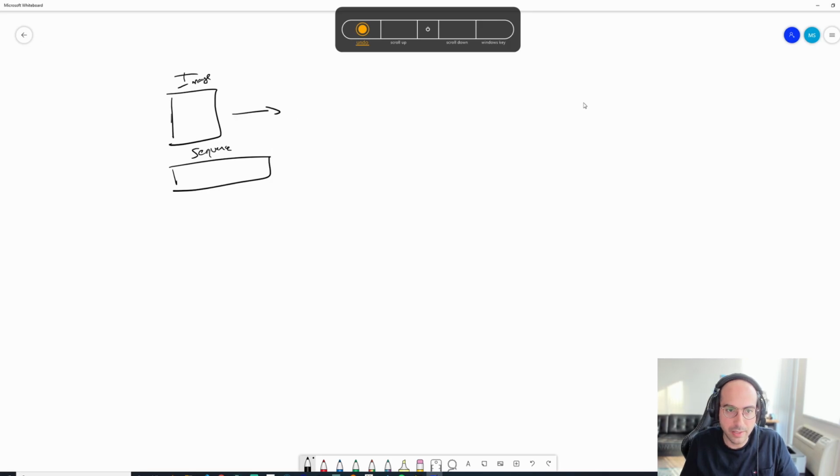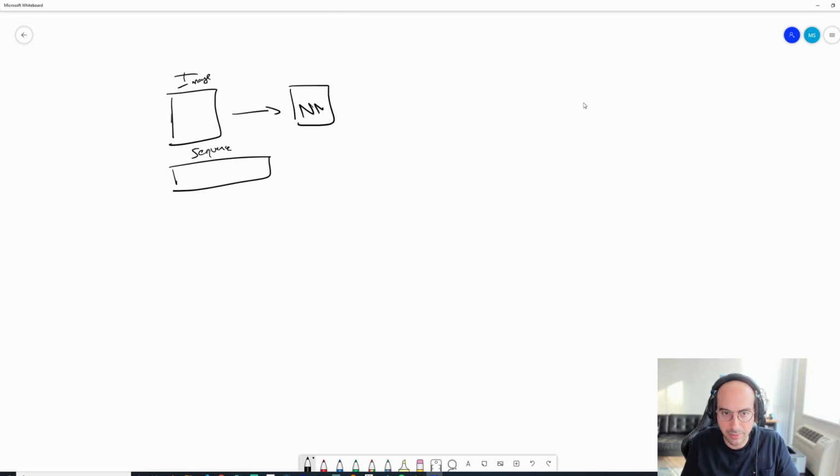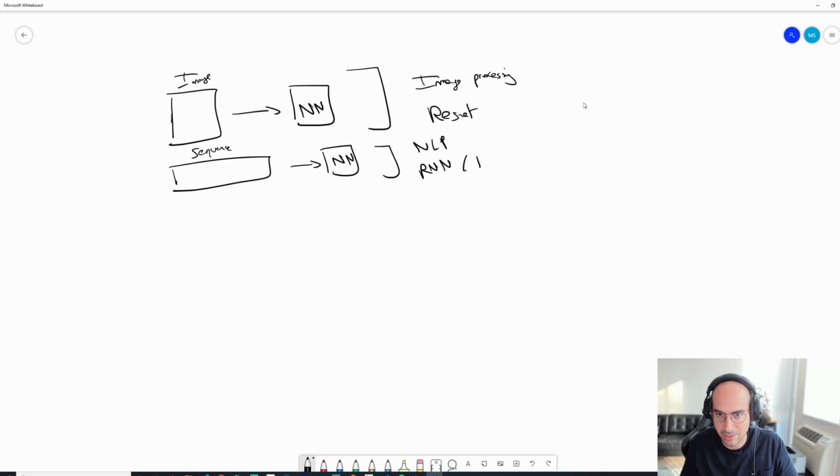Let's say you feed this to some sort of neural network. This whole thing we typically call image processing. Most popular architectures are things like ResNet. In the case of a sequence, you feed it to a neural network, this is NLP, and it's either RNNs or transformers now for the most part.